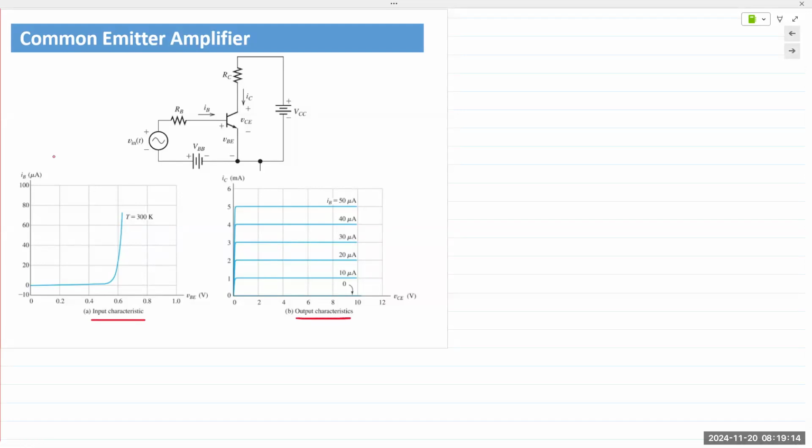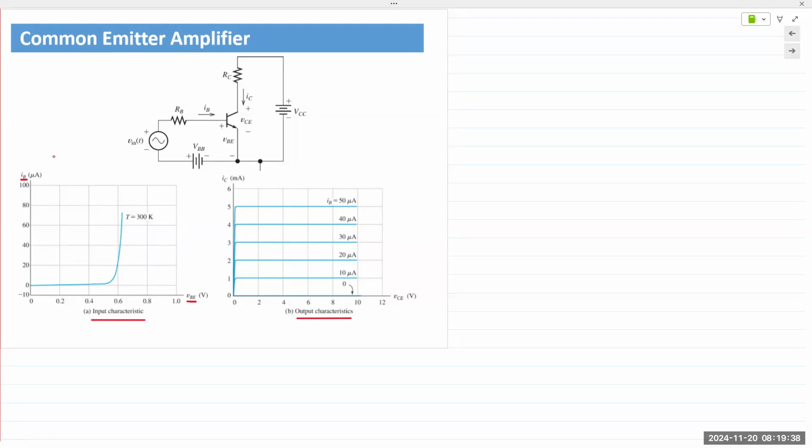Output characteristics right here. Input is into the base, so the input characteristics is basically the base current IB as a function of the base emitter voltage VBE. So in terms of voltages and currents, we say IB is the input current and VBE is the input voltage.